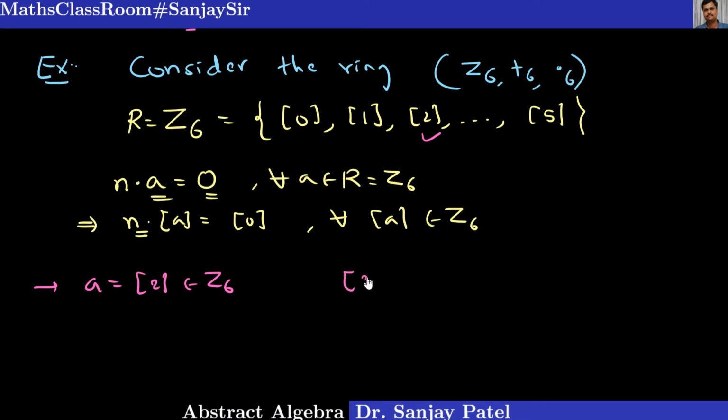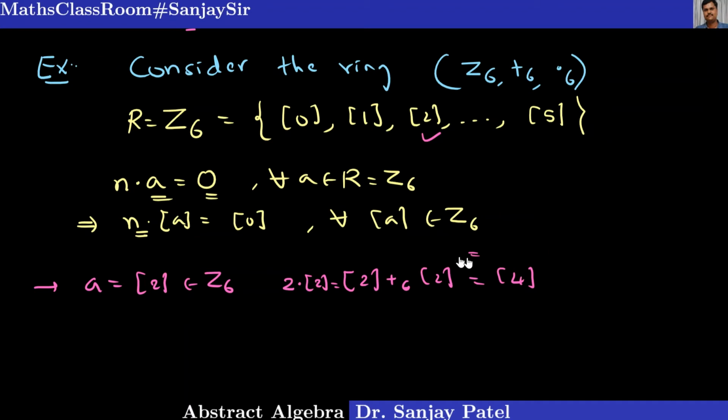Class 2 plus class 2 is equal to class 4, and in our notation it is denoted by 2 times class 2. This 2 is an integer, and class 2 is the element of the ring. So it is something like 2 into a, that is a plus a, and finally you get this new value. It is just for your understanding.